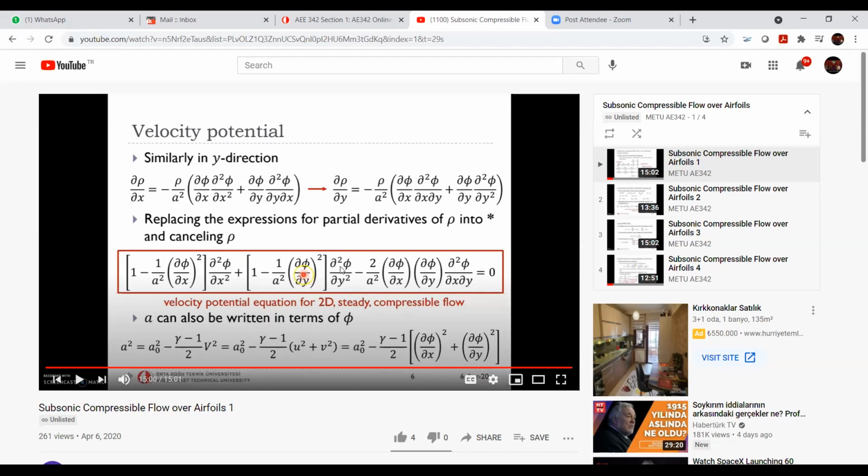The question is, how do we solve this one? We cannot do what we did for the incompressible case, meaning we cannot just simply start summing up phi solutions and generate different complex flow fields just by adding them up. We cannot do that here because the equation is nonlinear.